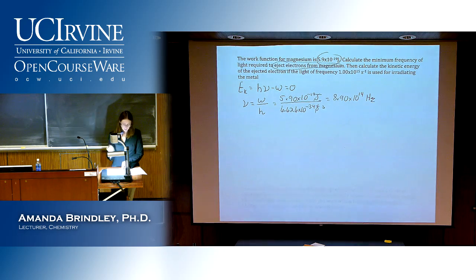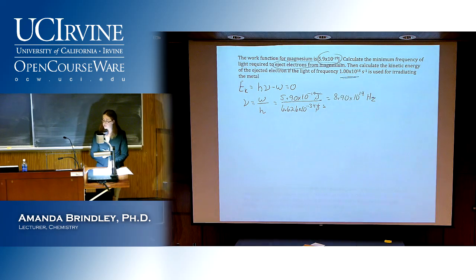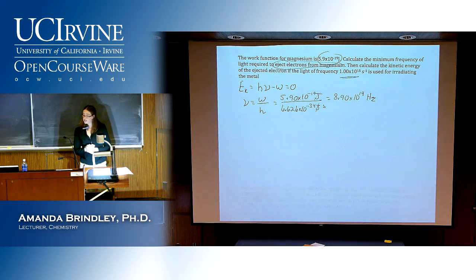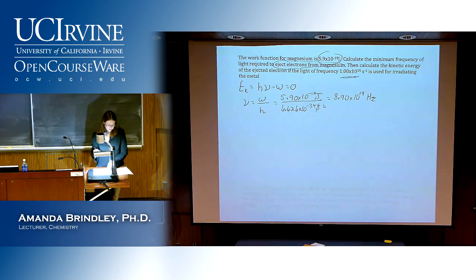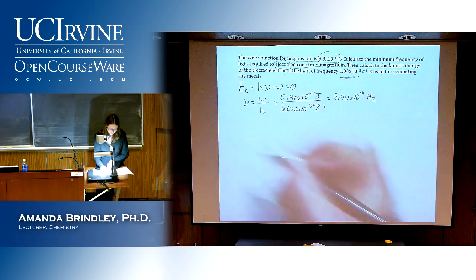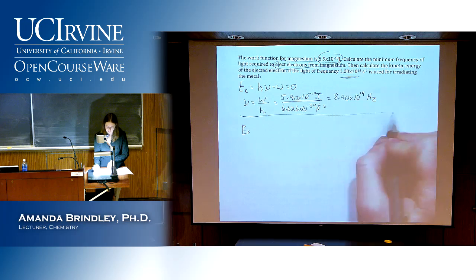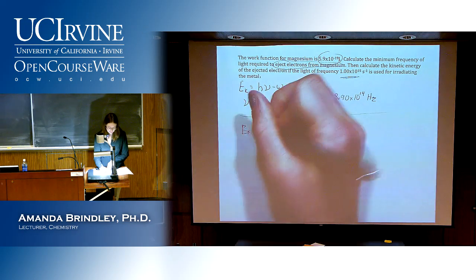Now, we can go through and we can do the second part. What if now we're given a frequency of light of that? What is our kinetic energy and also our velocity? Okay, so we go back to this equation again. Maybe I'll draw a little line here so we know that we're starting a separate section.